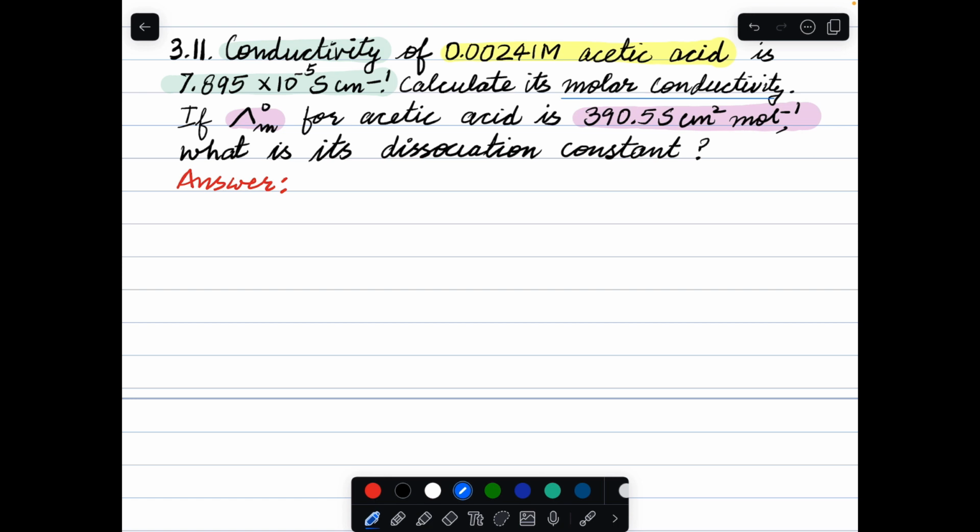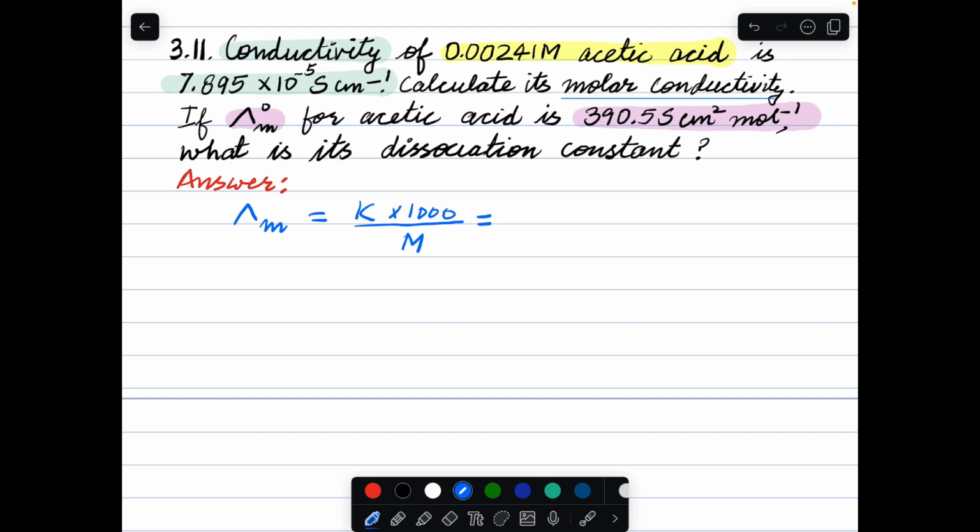The molar conductivity of any solution is given by the formula conductivity multiplied by 1000 divided by the molarity of the solution. Here we already have all the information on the right hand side, so we will put down the values.